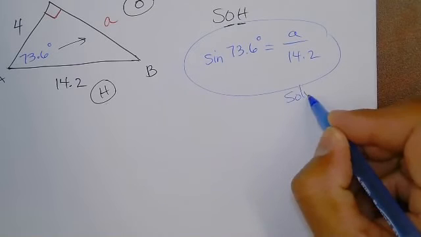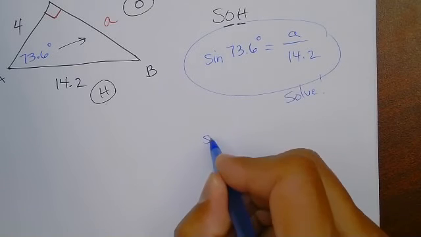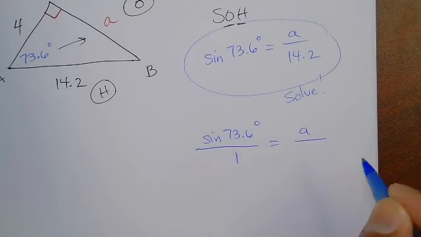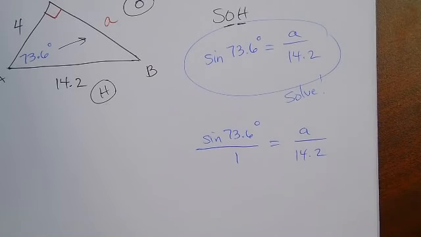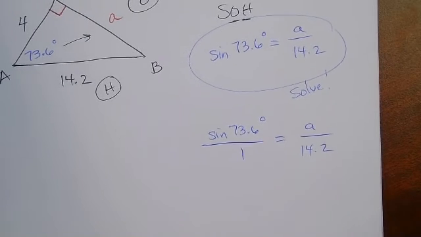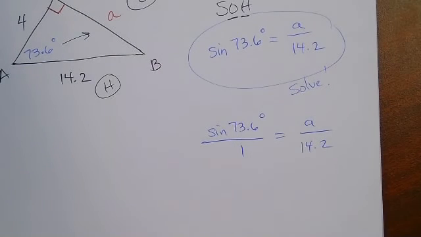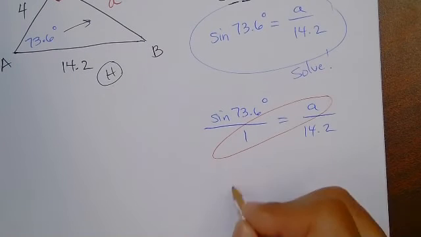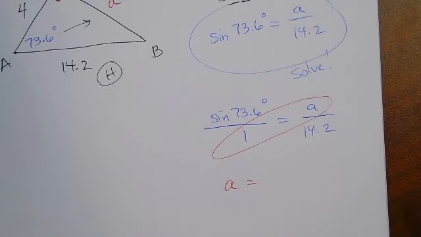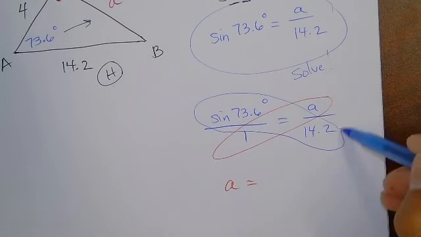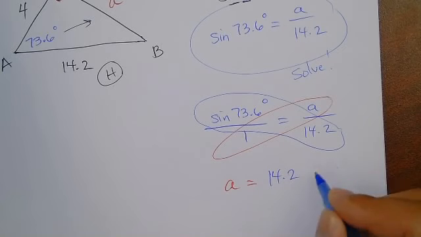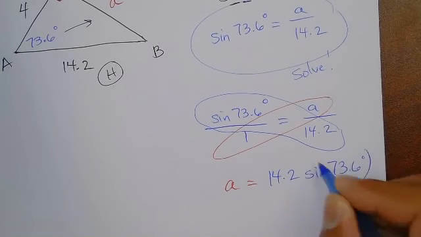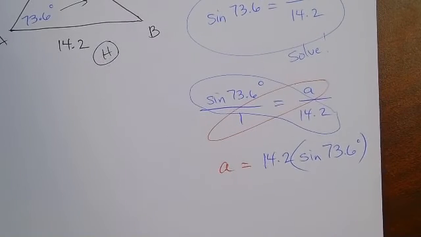All right, we're almost done here. Solve this. Well, that's a proportion, right? And the good thing about this one is it's an easy one, because when you cross multiply, I have A by itself. 1 times A is going to be A. A is equal to 14.2 times sine of 73.6 degrees.